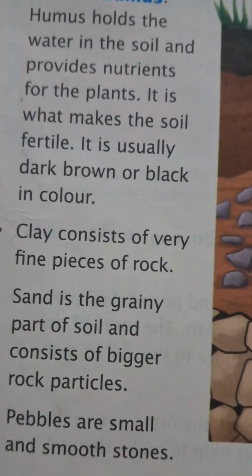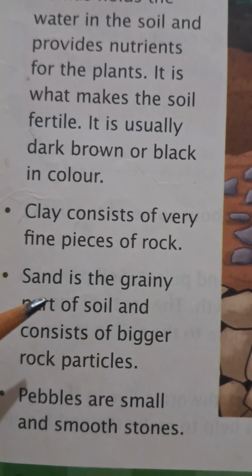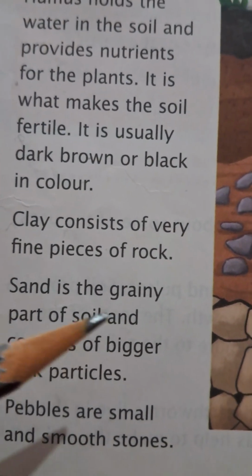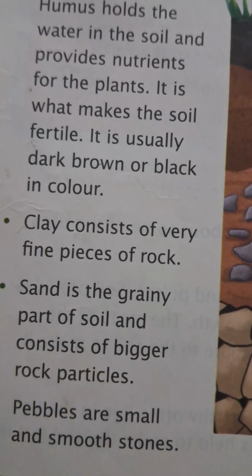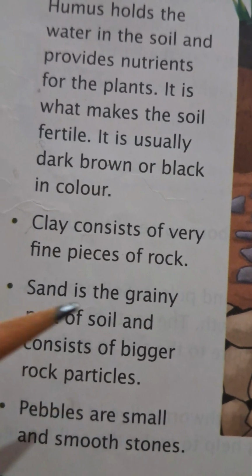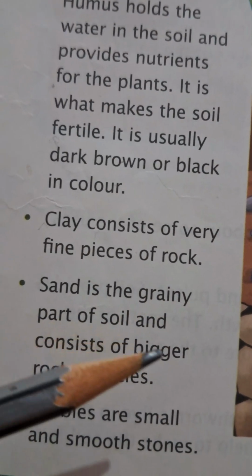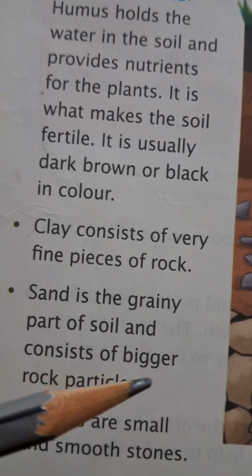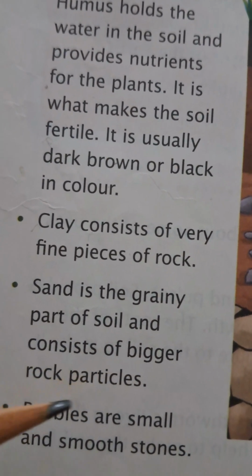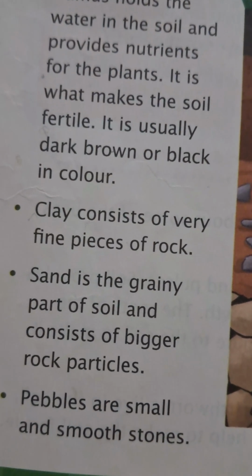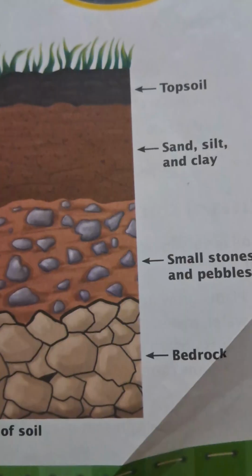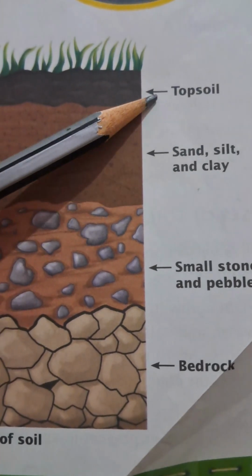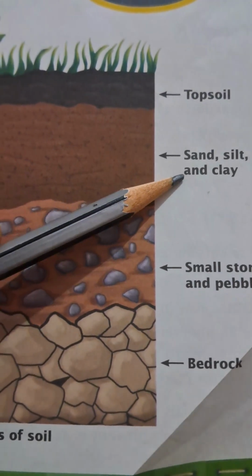Next we have the third point, that is sand is the grainy part of the soil and consists of bigger rock particles. So sand is what? The grainy part of soil, and it consists of bigger rock particles also. Next we have pebbles, or small and smooth stones. So topsoil we finished, sand and clay.